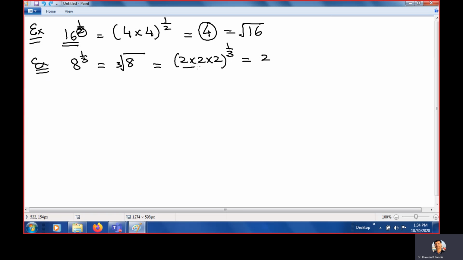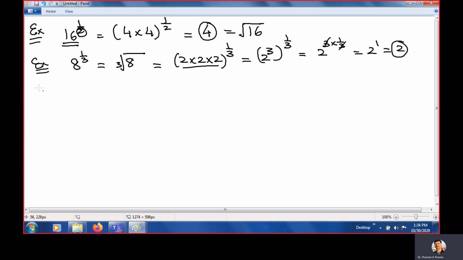Because inside it is written as 2 power 3, and power 1 upon 3. You just multiply the powers: 3 times 1 upon 3, the 3 cancels. So how much do we get? 2 power 1. That is, 2 is the answer. This is how we can get the various types of roots.